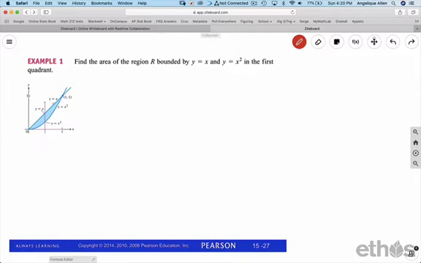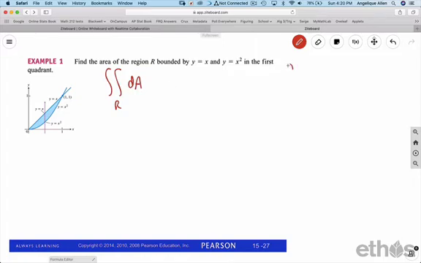You would start, not having seen this picture, with: find the area of the region R bounded by y equals x and y equals x squared in the first quadrant. So you would need to draw these two curves in the first quadrant, determine what their points of intersection are so that you could figure out your integration. Now, they did not specify an order of integration.